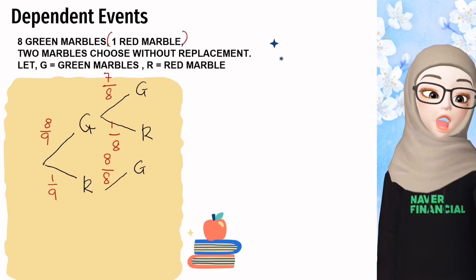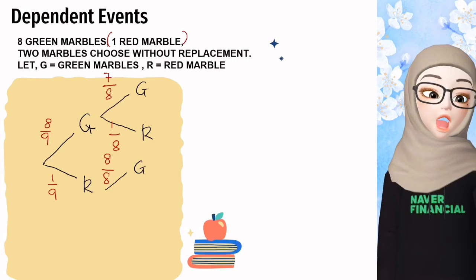So actually, this is your tree diagram. And how do we get the outcomes? Look at my path.